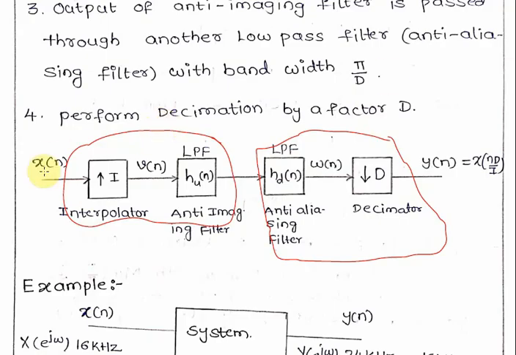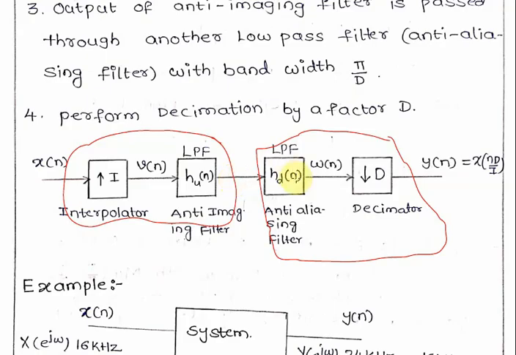So here the input signal is given to the interpolator. At the output we will get the interpolated sequence. After that it is passed through a low pass filter to avoid images in the spectrum.